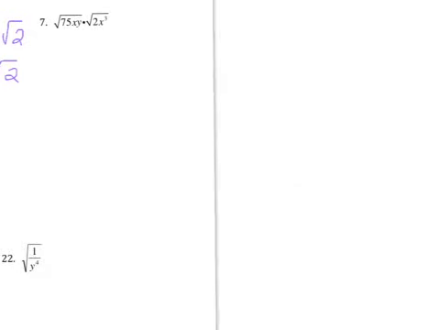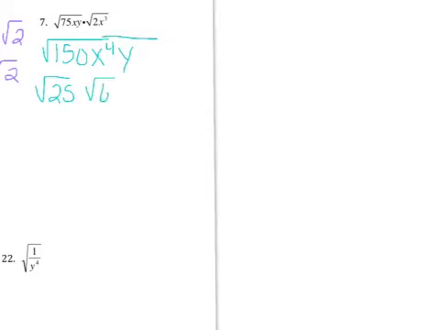For problem 7, we're going to multiply everything together since everything is inside the square root. So we end up with the square root of 150 x to the 4th y. We can break up 150 as the square root of 25 times the square root of 6.